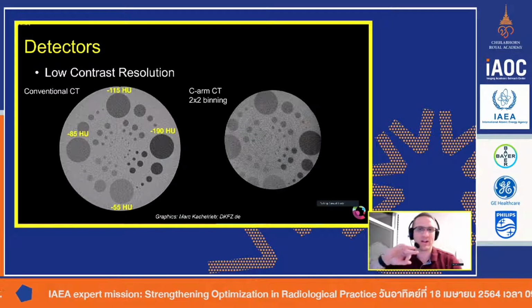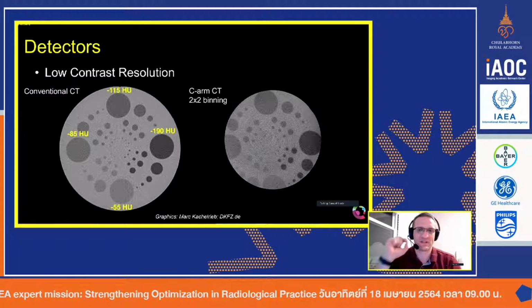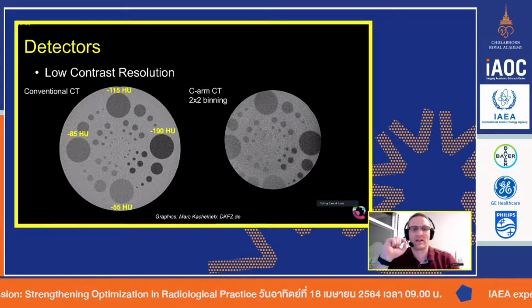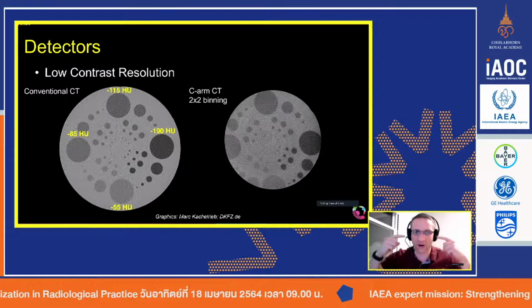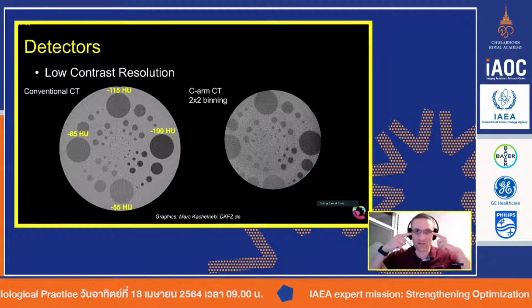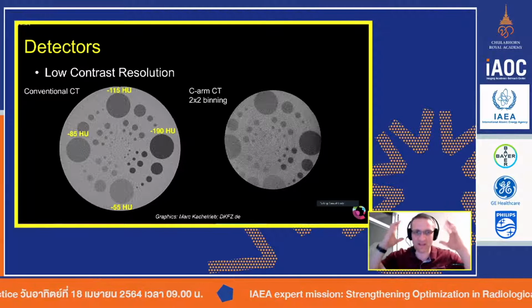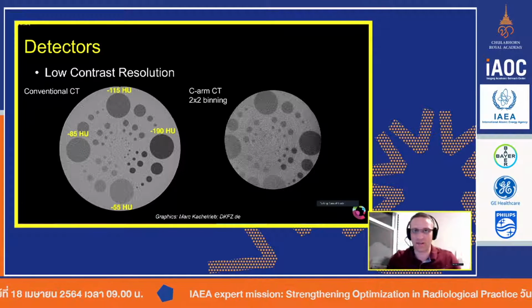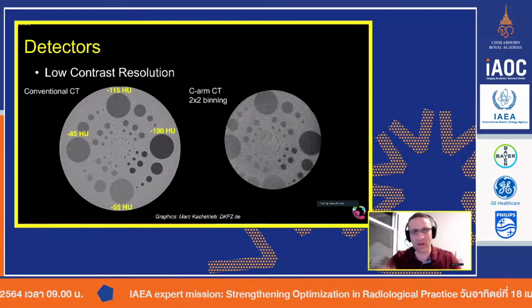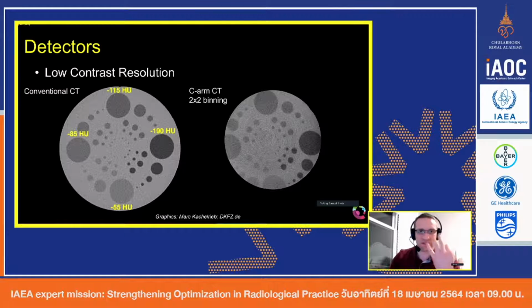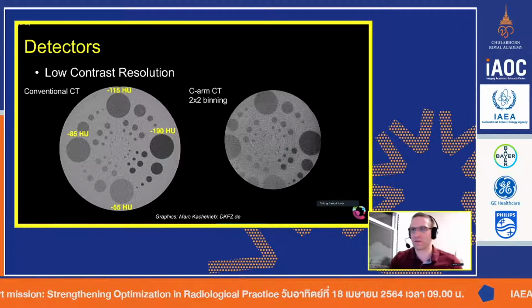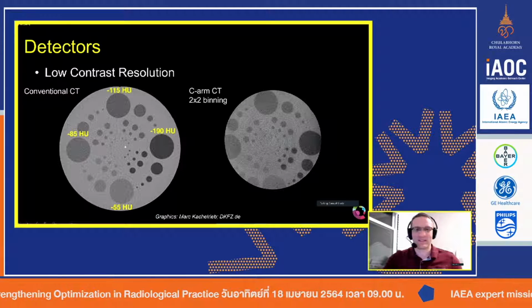But the idea I hope to give you in this short talk is that we are more reliant on our eyes in fluoroscopy and the way our brain processes the image than in any other modality. So we have to remember that when we go to the next talk, as we try to optimize these three features.